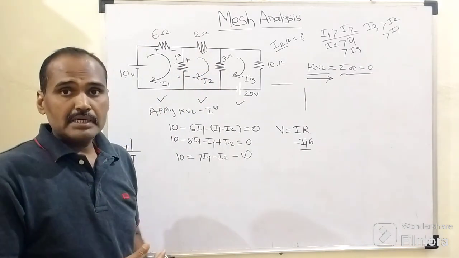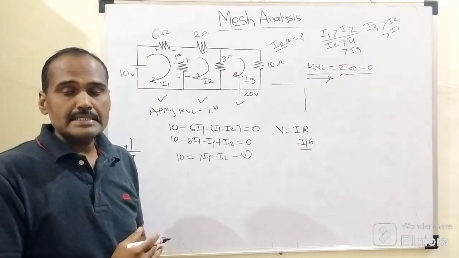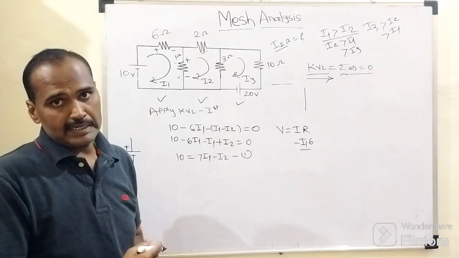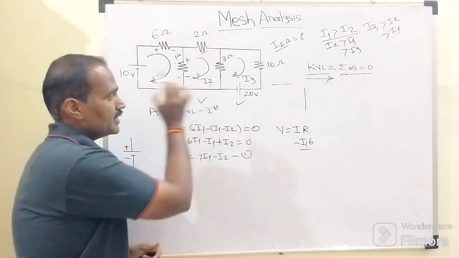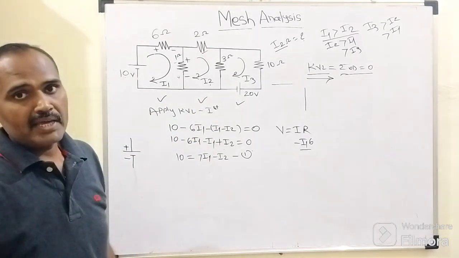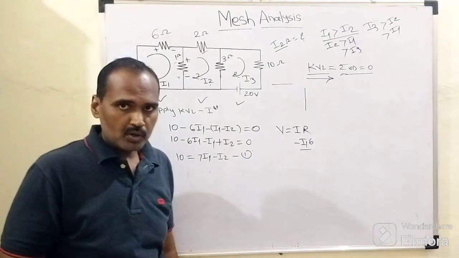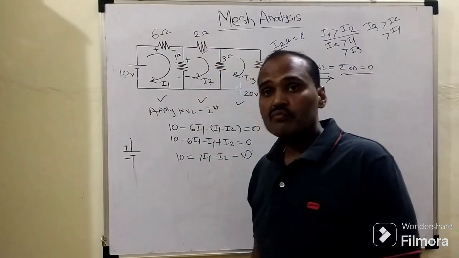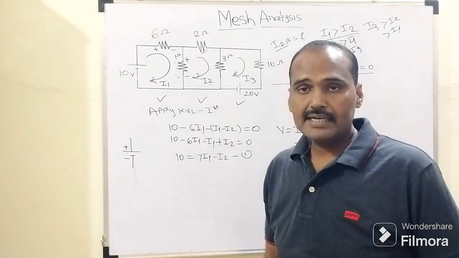One more time we need to assign the polarities to these 3 resistors according to the assumed direction of the fundamental current, that is nothing but I2. The assumed direction of I2 is clockwise. So how does this I2 flow through this target resistance of 2 ohm? Why is it called a target resistor?